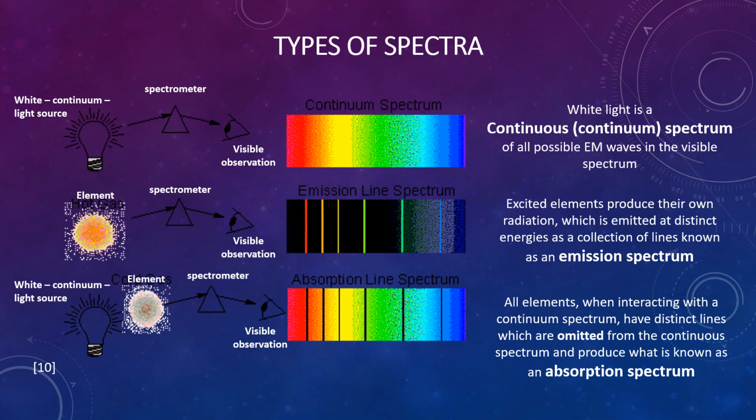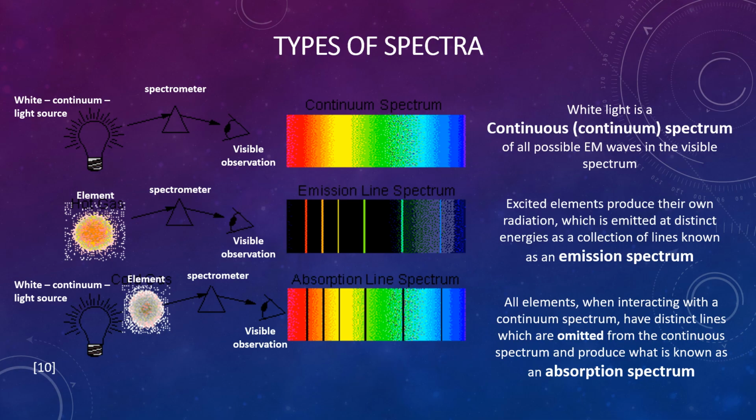And this is contrasted by our other type of spectrum, an absorption line spectrum. So when elements interact with a continuous spectrum, such as having a white light source behind our element of interest when we are looking at them through a spectrometer, that element of interest will absorb some of those particular energy levels from our continuum source.